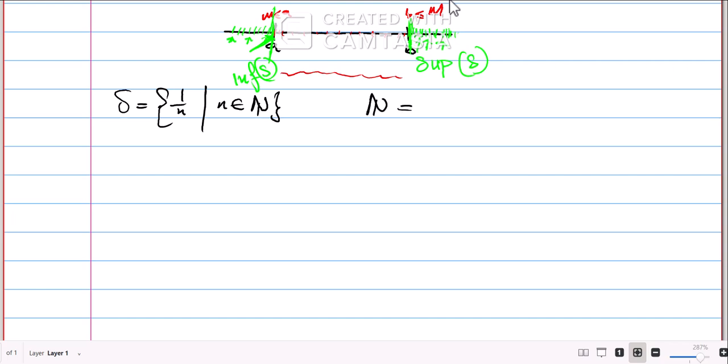The set of natural numbers is 1, 2, 3 to infinity.